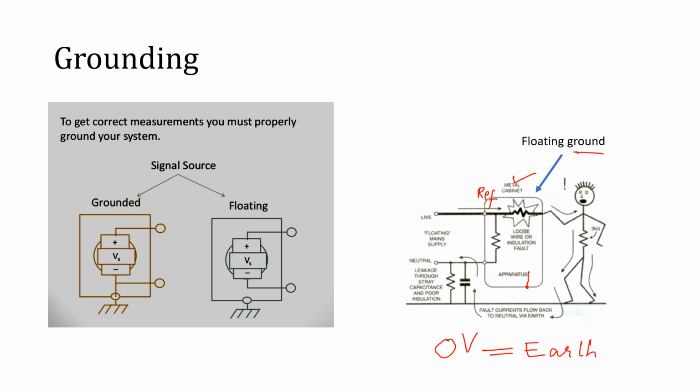So when this metal body is not at the absolute 0 volt, but has its own reference, then current may flow through the human body and a human can get a proper shock, depending on how much voltage or current the circuit has. So it's very dangerous when we have very high voltage or high current circuits without any absolute earth.